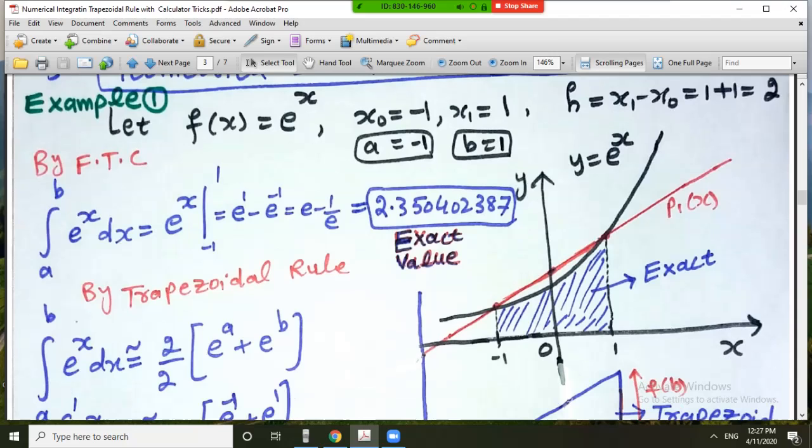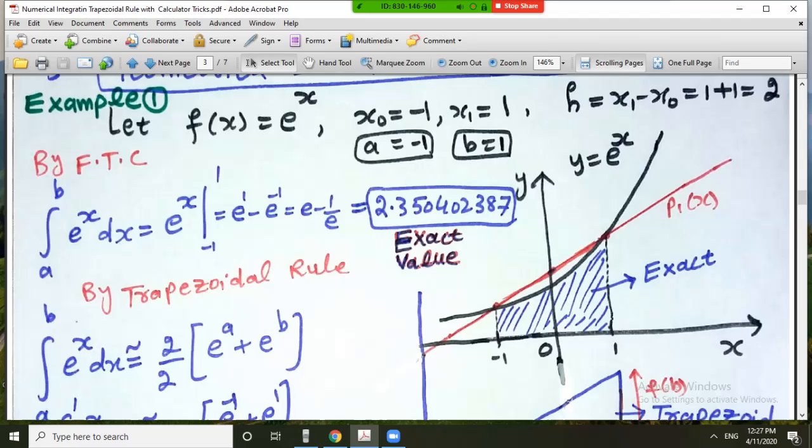Our target is to find the area under the graph of a function, for example e power x, so the area under the graph of e power x from -1 to 1 is this shaded region. This is required, but by trapezoidal rule we find the area under the graph of p1 of x from -1 to 1.